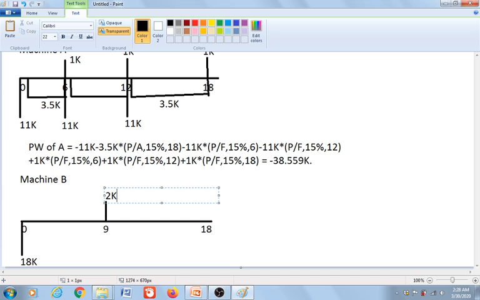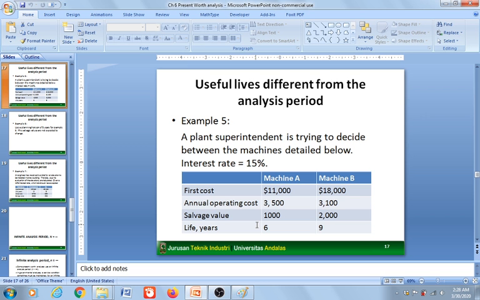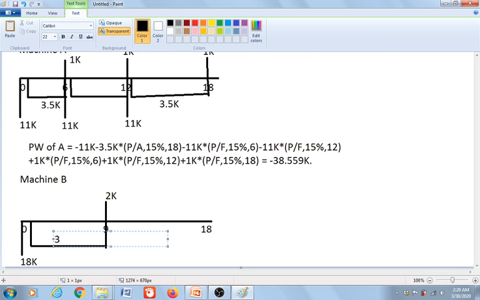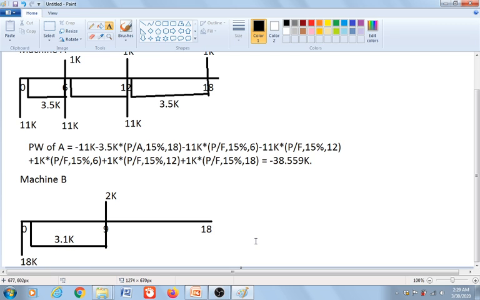It's 2K, and the operating and maintenance cost is 3.1K. That's for the first machine.